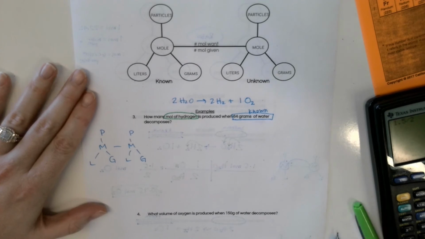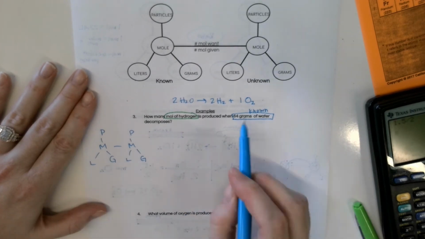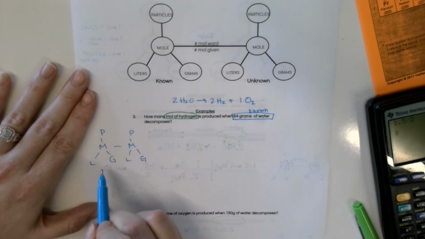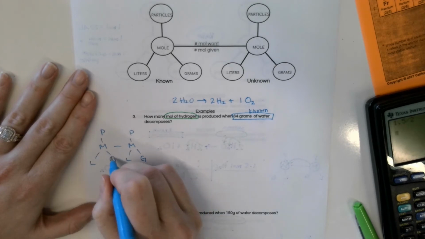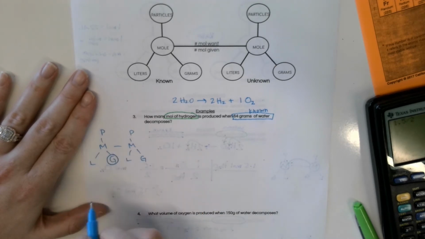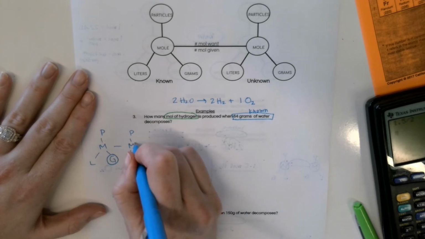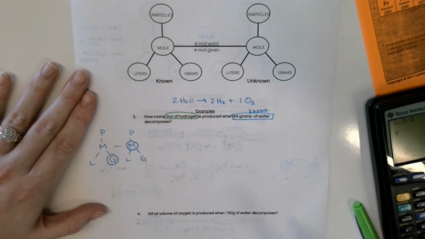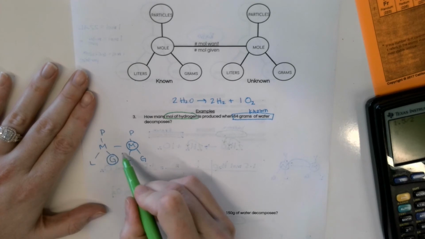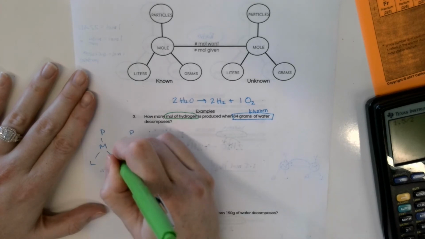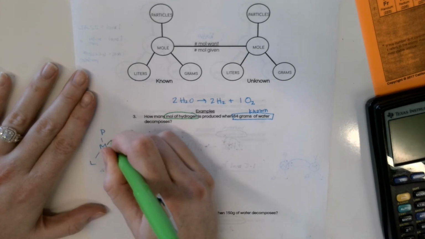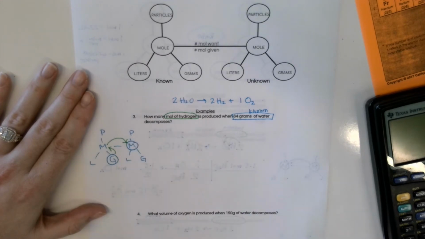So in terms of using my map, on the known side, and we're always going left to right, I am at grams. On the unknown side, I am trying to find the number of mole of hydrogen. As we notice, there is nothing that connects those two, so this is going to take us 2 steps to do.